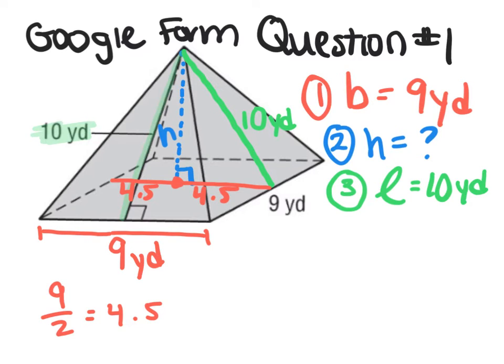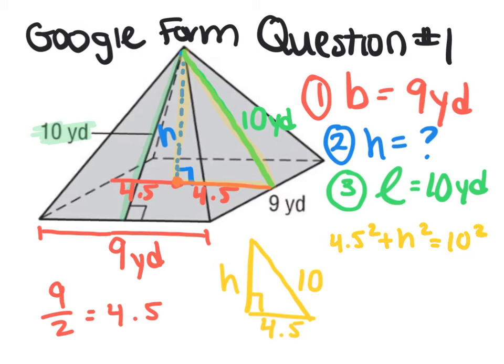Now looking at this, I have a right triangle, and I can redraw my right triangle over here. So I have that this is 4.5, this is 10, and this is the height H. I could use the Pythagorean theorem to say that 4.5 squared plus H squared equals 10 squared, which gives us that H squared equals 79.75.